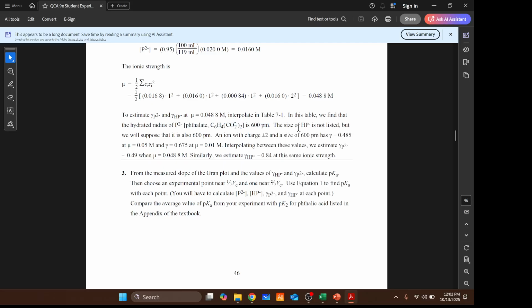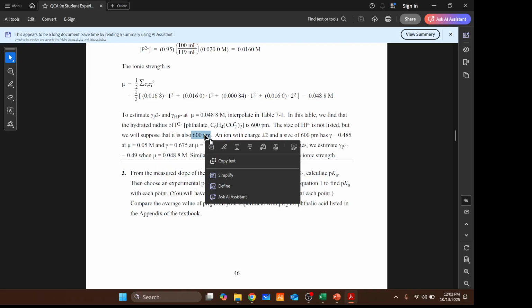HPI is not listed, but if it's not listed, then what you do is there's only a difference of a hydrogen, right? This is a fairly hefty structure, and so we would use the same value here for the one that's listed. If you ever encounter that where the value is not listed, just use a very close analog. Close analog is going to be the conjugate base form, right?